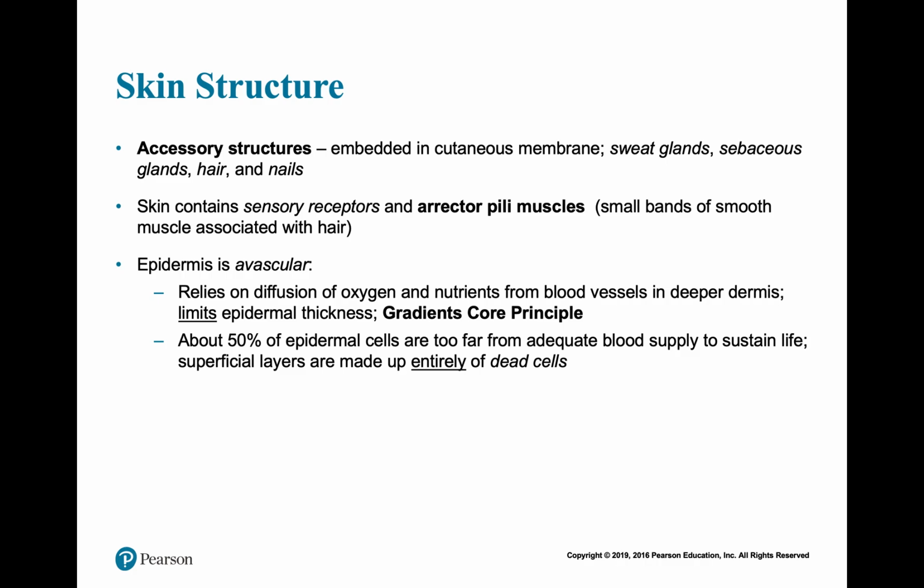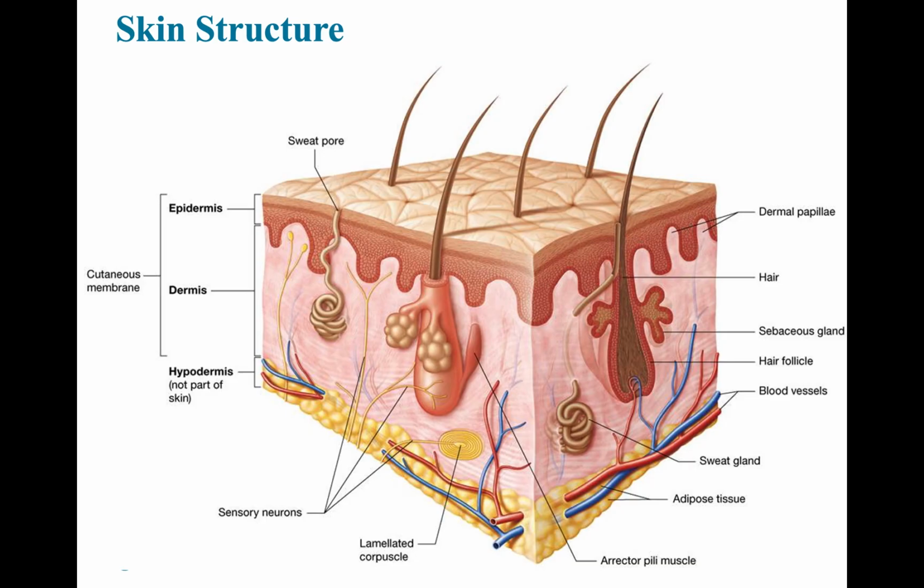So only the cells closest to the dermis are going to be getting adequate oxygen and nutrients to undergo normal metabolic function. So as they reach the apical surface, we'll talk about a few reasons why, but one of the major reasons why they die and they slough off is because they no longer are getting enough nutrients from the blood vessels in the dermis. Okay, and we'll talk about that in more detail when we get to the life cycle of epidermal cells.